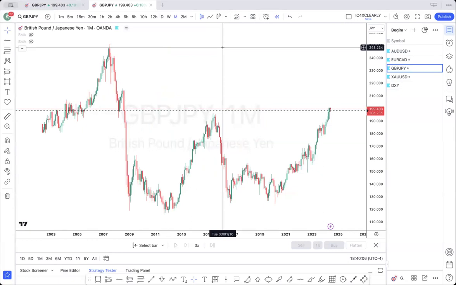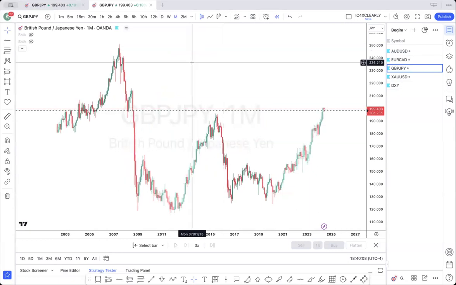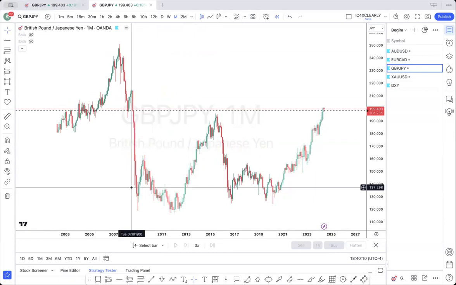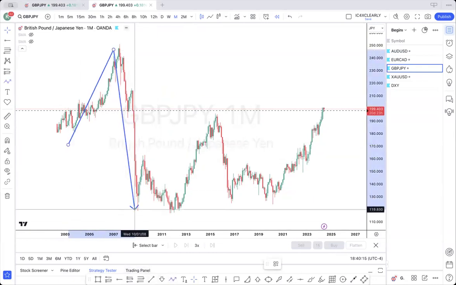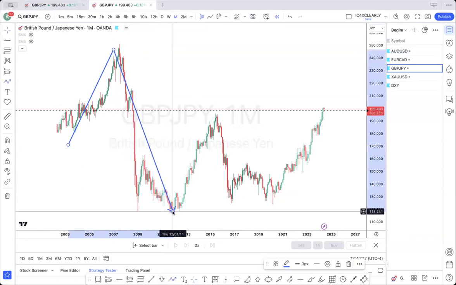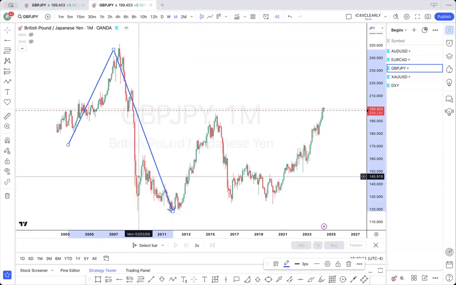All right, so GJ, same thing. I look at the higher time frame. I look for my last swing. So you have this swing here. Okay. Did that break structure? No. So you have that swing there.